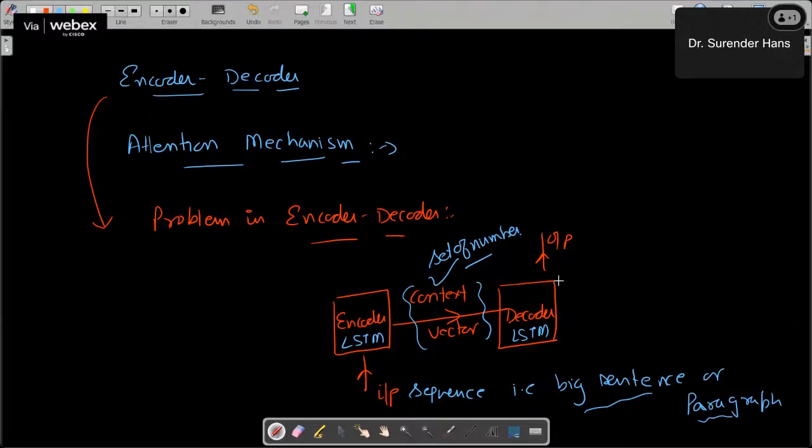So this context vector gets overloaded, because of the heavy load on it when the input sequence is a big sentence or a paragraph.